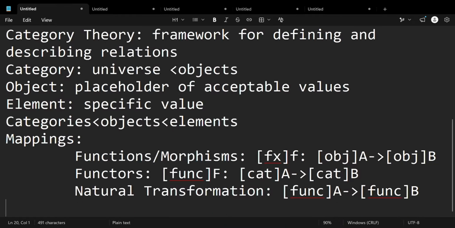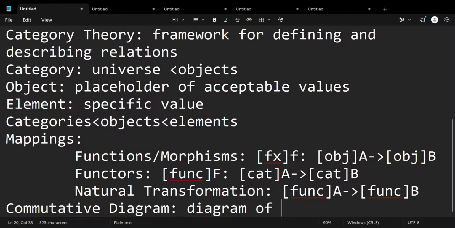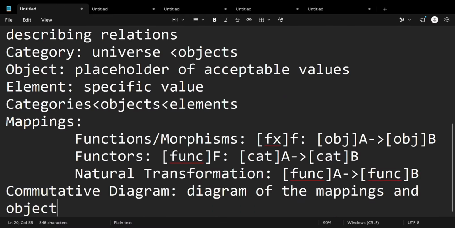Okay. We then defined what a commutative diagram was, which was just the diagram of the mappings and objects in our category.